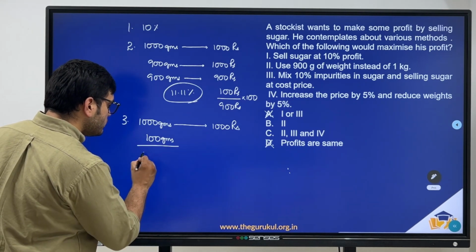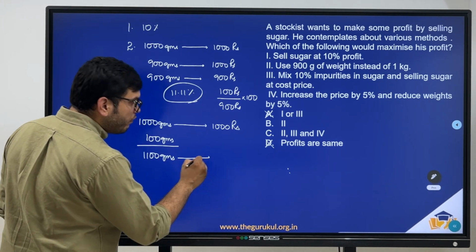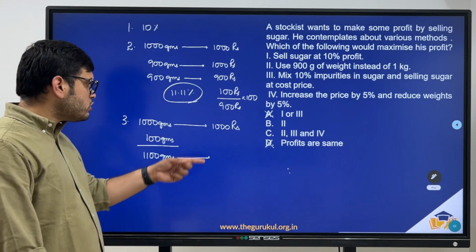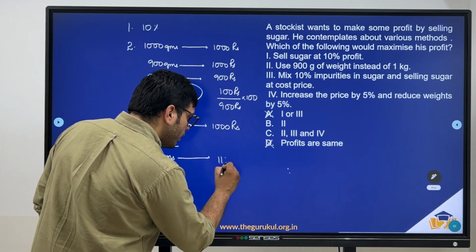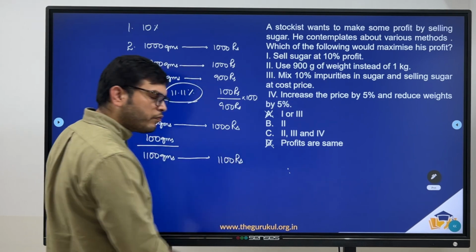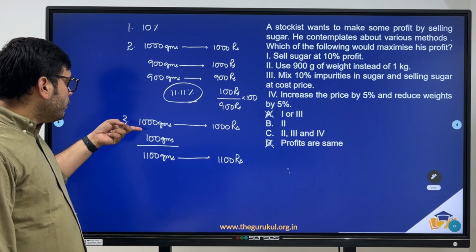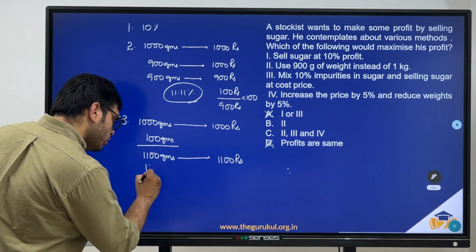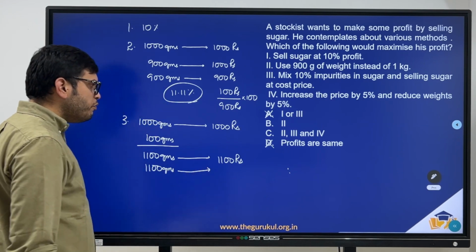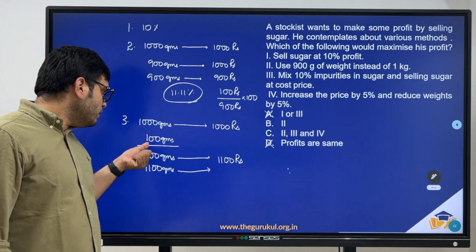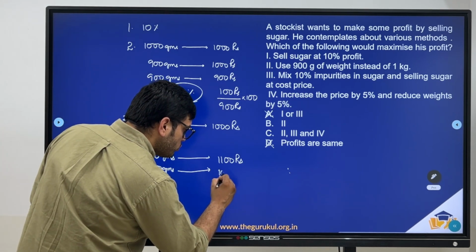So now he has 1100 grams of mixture and he will be selling this at cost price. Now what is cost price? 1 rupee per gram. So 1100 grams he would be selling for 1100 rupees, right? Now what was the cost incurred? The cost incurred to make this 1100 grams of mixture would be 1000 rupees only, because these 100 grams come at no cost, right? So 1000 rupees.